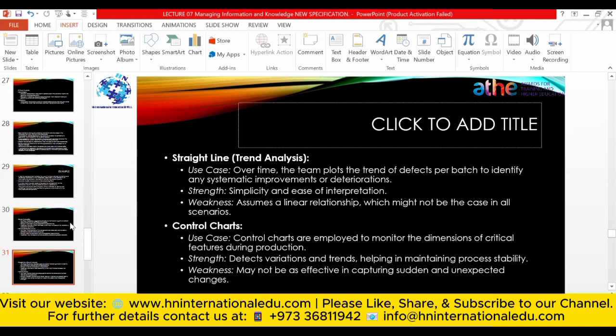However, it may not be as effective in capturing sudden and unexpected changes. That is true, because in the control chart we are heavily relying on historical data, the past data. So if there is any uncertain situation, it's going to be all unexpected data. Things are going to be quite different then.